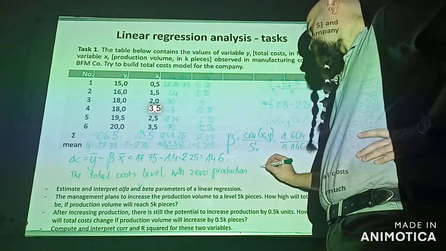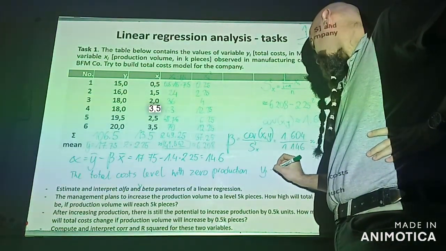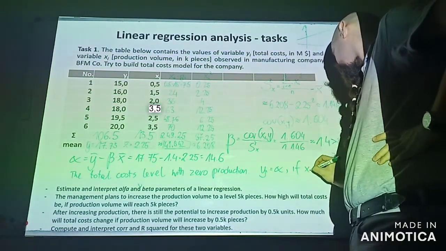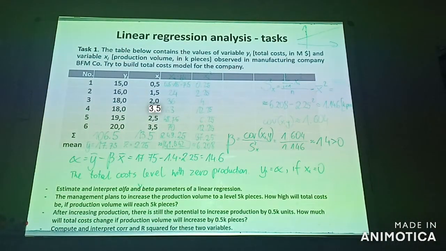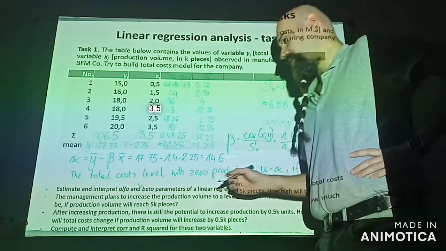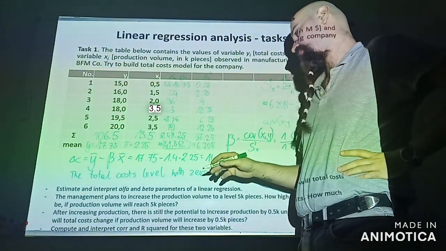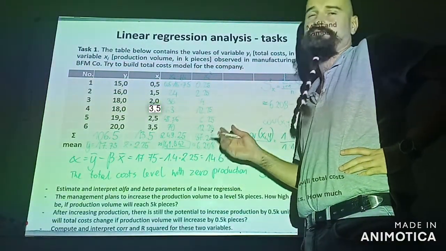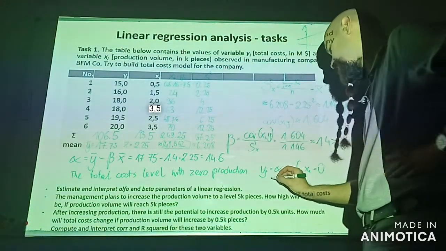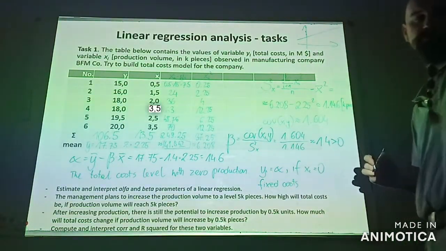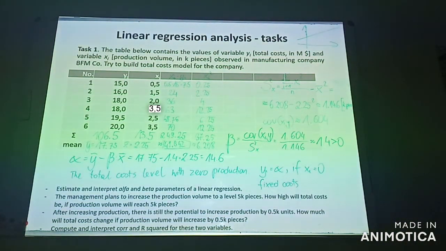Yeah. So yi is equal alpha if production level is equal to 0, of course. In microeconomics theory, alpha parameter can be treated as fixed cost, of course. No production, but we still have some costs called fixed costs.